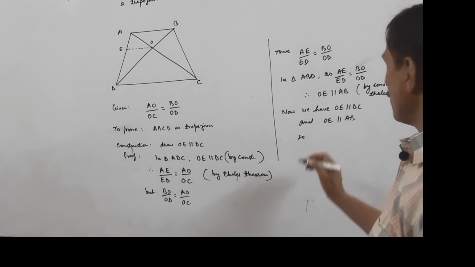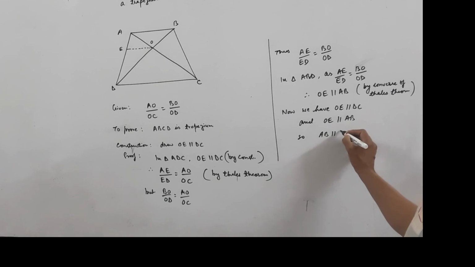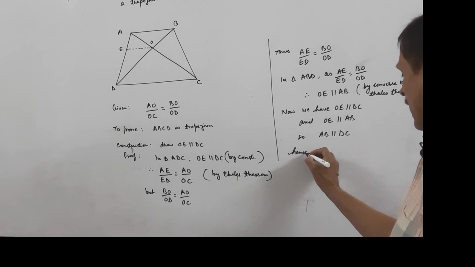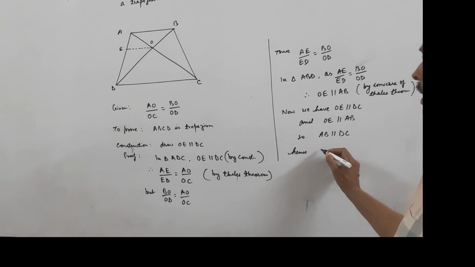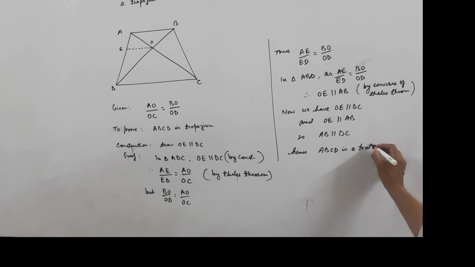So, AB is parallel to DC, hence ABCD is a trapezium.